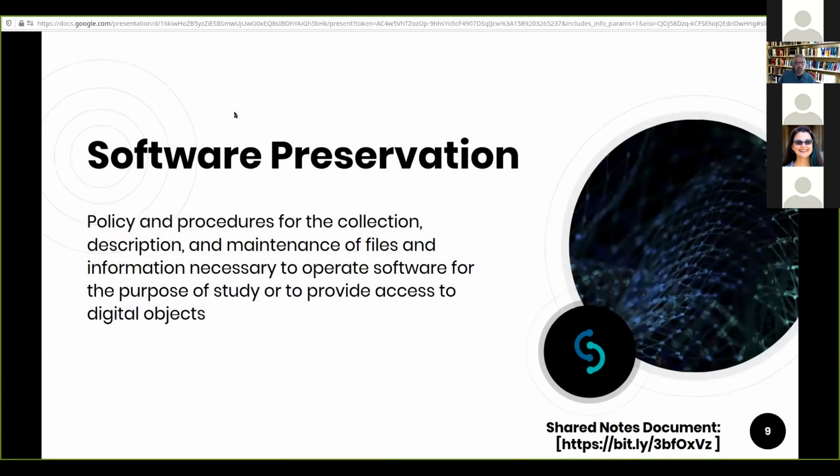So when we say, again, in Software Preservation Network land, when we say software preservation, we're talking about policies and procedures for the collection, description, and maintenance of files and information necessary to operate software for the purpose of study or to provide access to digital objects.